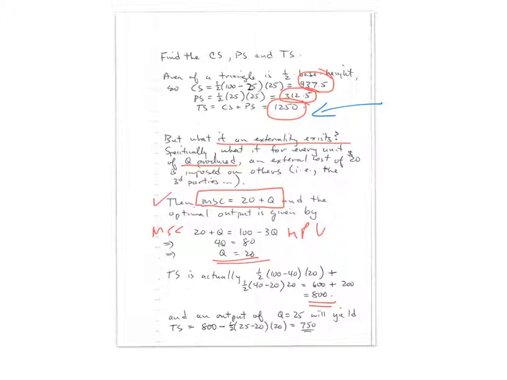So we have to take this 800 and subtract off this triangle, which is a kind of deadweight loss, 1/2 times (25 minus 20) times 20. And so the total surplus associated with the market equilibrium quantity, that's what we think the market is actually going to produce, is 750, which is lower than the socially optimal total surplus, which is 800.